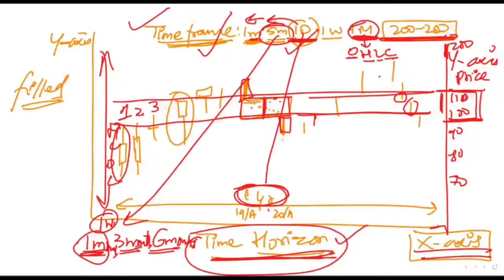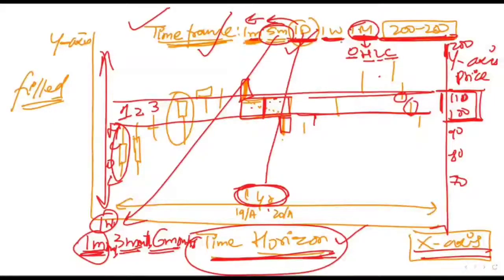Yes, you can choose any time frame you want. You can choose a 1 week time frame. In case you choose a 1 week time frame, for around 240 weeks, you know that we have 52 weeks in a year.